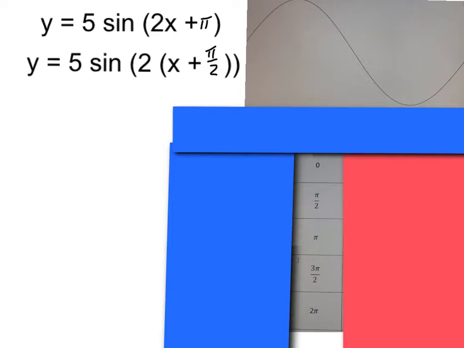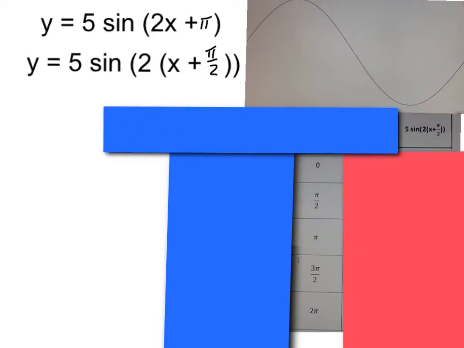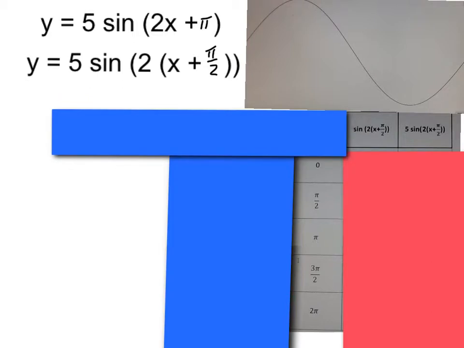So our y values are 5 sine 2 times x plus pi over 2. Those are going to be the y values, and the corresponding x values are what we're going to need to find. But in order to know what 5 times sine of 2x plus pi over 2 is, we need to know what sine of twice x plus pi over 2 is.